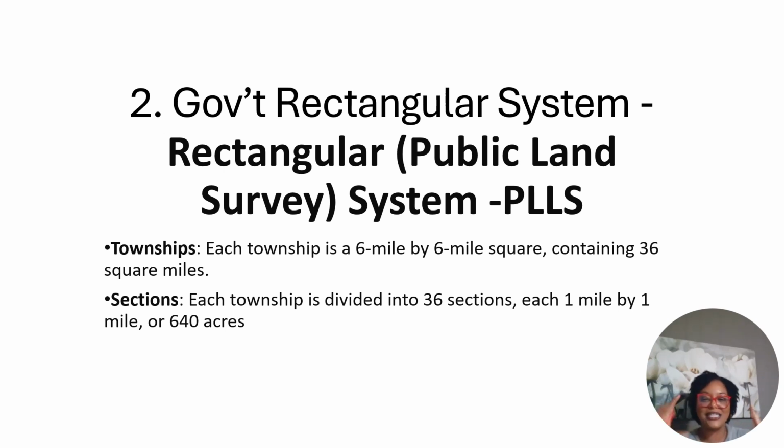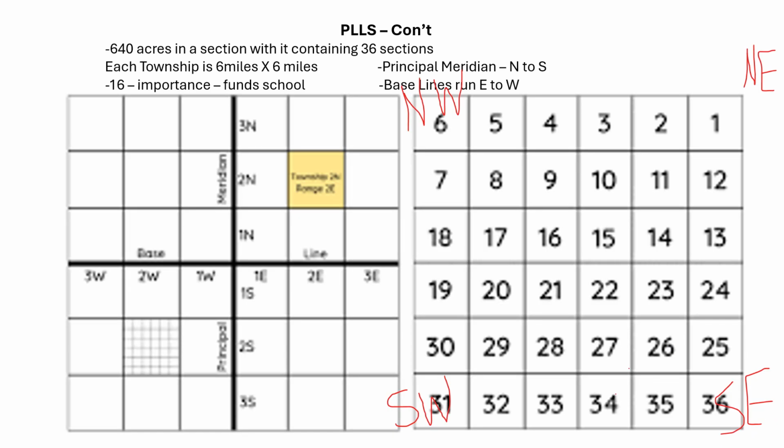So each township is divided into 36 sections, okay? Each 1 mile by 1 mile, or 640 acres, okay? This is about to make sense when we go to the next one. So let's get it. This rectangular system can use more than one legal description on the deed, okay?